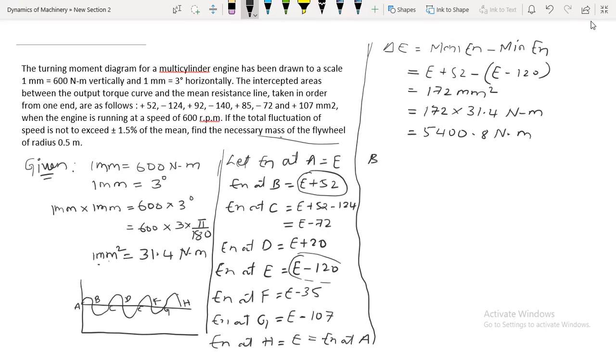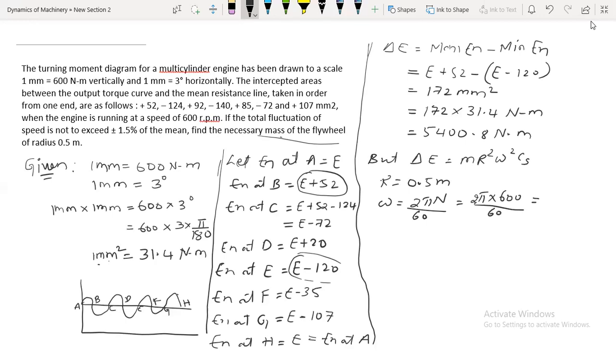But delta E is equal to m r square omega square into Cs. Okay, so we know delta E, we have just determined it. Okay, so R is given, the radius, how much is it? 0.5 meters, and omega we can find out by using 2 pi N by 60, which is equal to 2 pi into, the speed is given as 600 rpm, so 600 by 60, so that means 2 pi into 10.